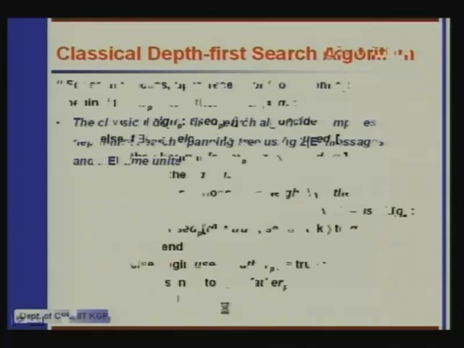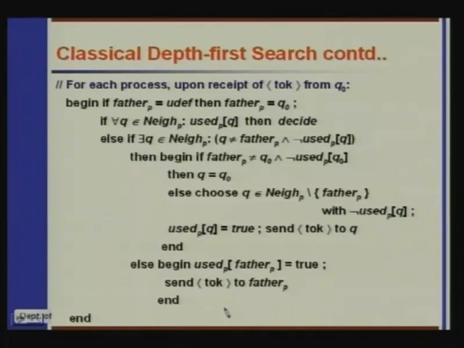right. Now, let us compare the echo algorithm with this algorithm. Both algorithms want to visit every node. What is the order of messages that we have in this algorithm? 2e. Why? Because along every edge the token is once going in this direction, once in the other direction, right.